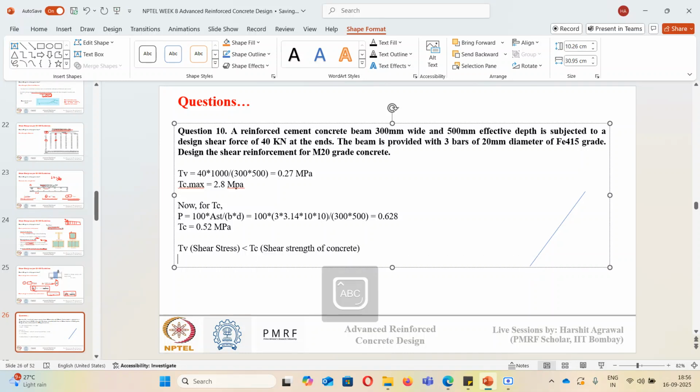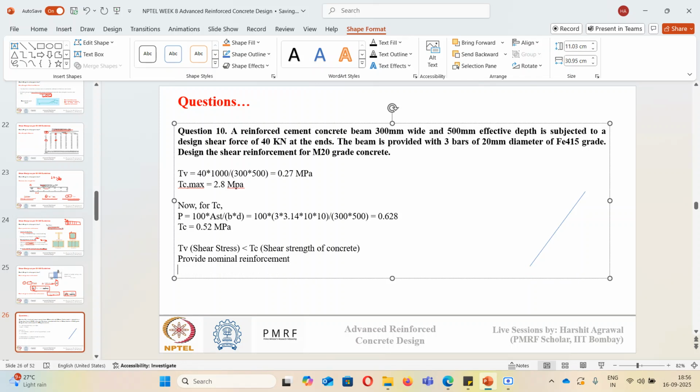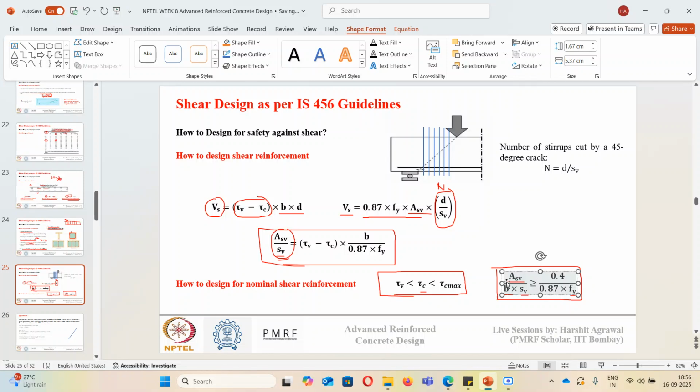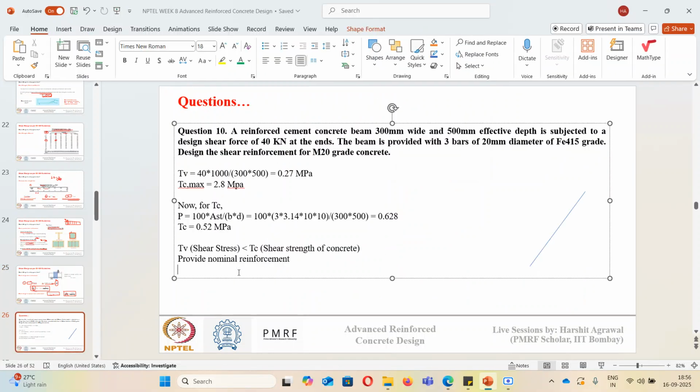So we'll provide nominal reinforcement. For nominal reinforcement, we saw the formula; I will just copy this formula.